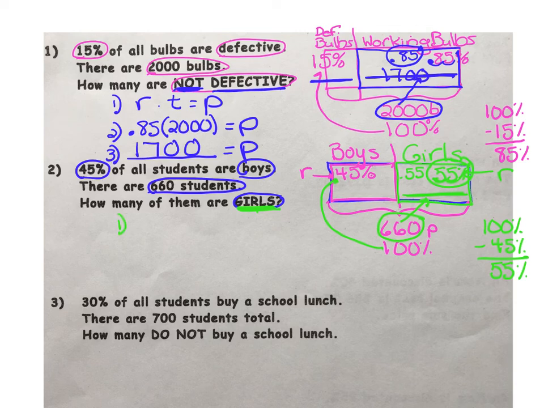Here we go. R times T equals P. 0.55, 55 hundredths, times 660 total students. Finish this on your own and continue to complete the other problems on the page.